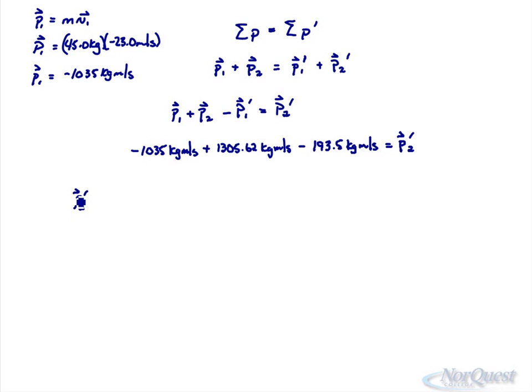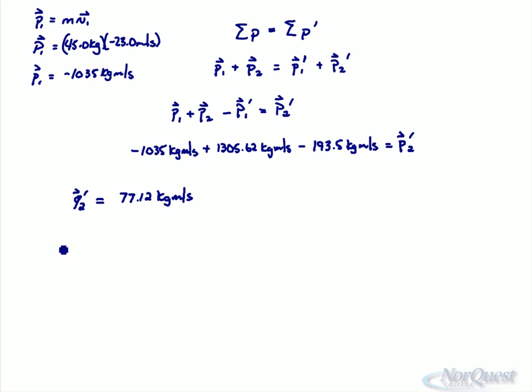So we get the momentum of object 2 after equals 77.12 kilogram meters per second. Because it's positive, I automatically know its direction.